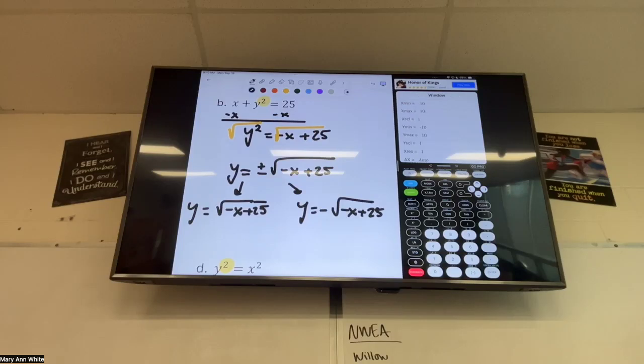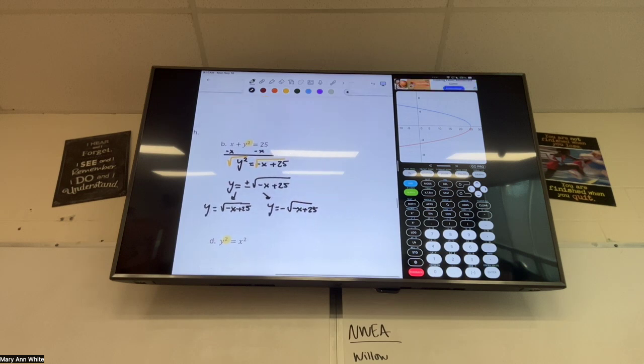Go at least to like 30 or something. Oh, there we go. That kind of looks like maybe more of what we were expecting. This is a nice little sideways parabola. That again, because I've got one function on top and one function on bottom, they're allowed to be separate functions.